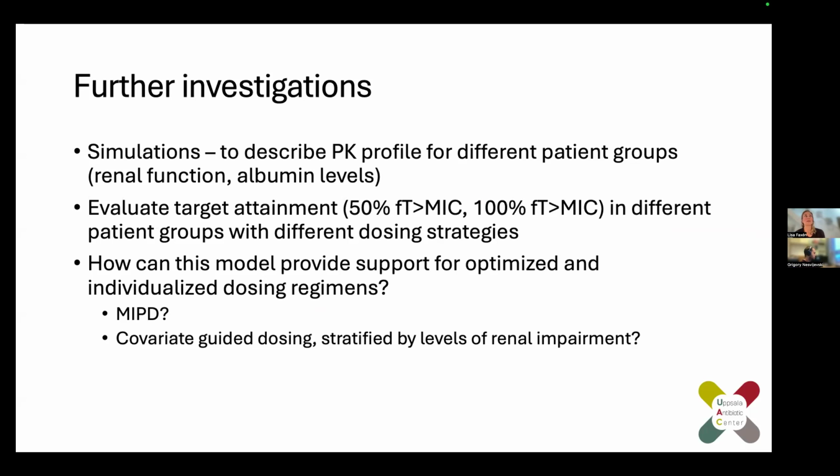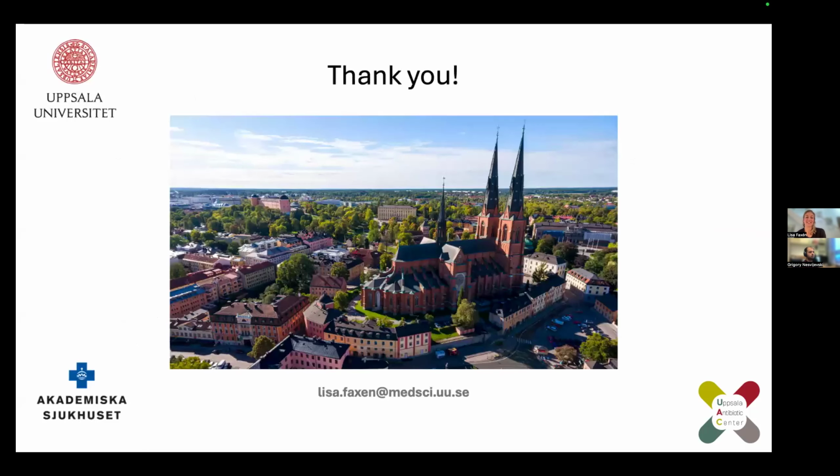And then we want to define how this model might provide support in the future for optimized and individualized dosing regimens, maybe MIPD, or maybe covariate guided dosing stratified by levels of renal impairment. Who knows? To be defined. Yeah, I think I'm done, and I'm happy to take any questions.